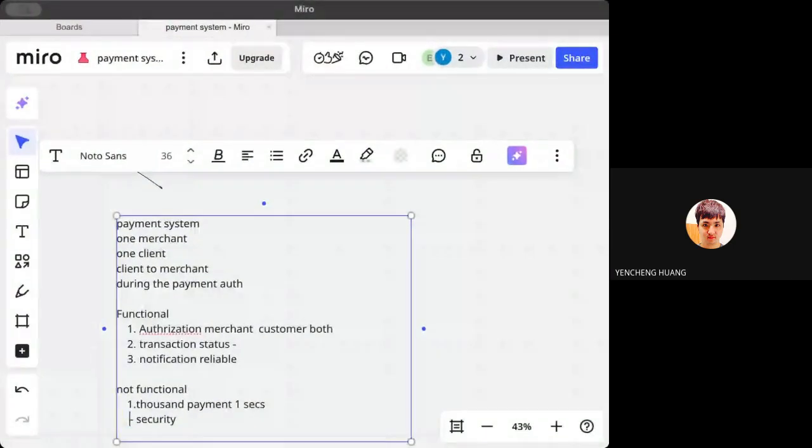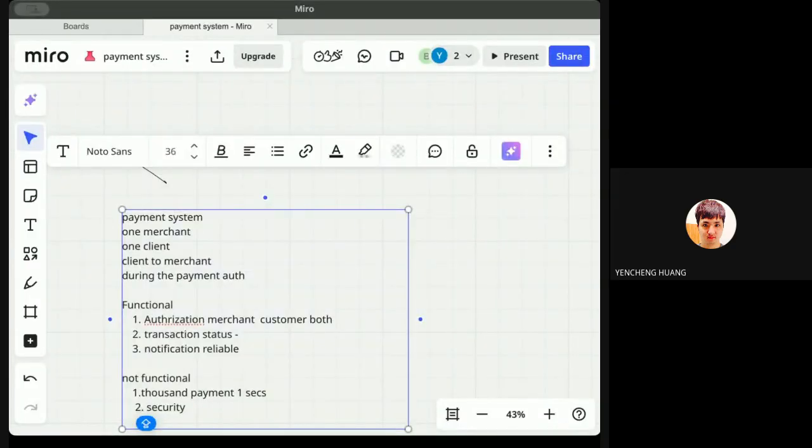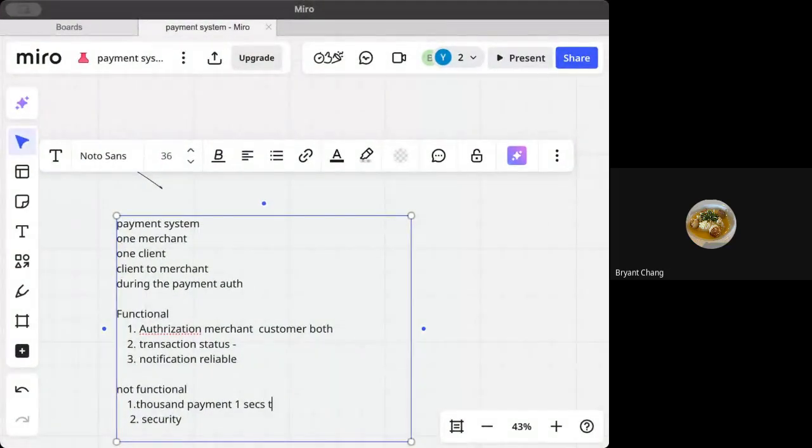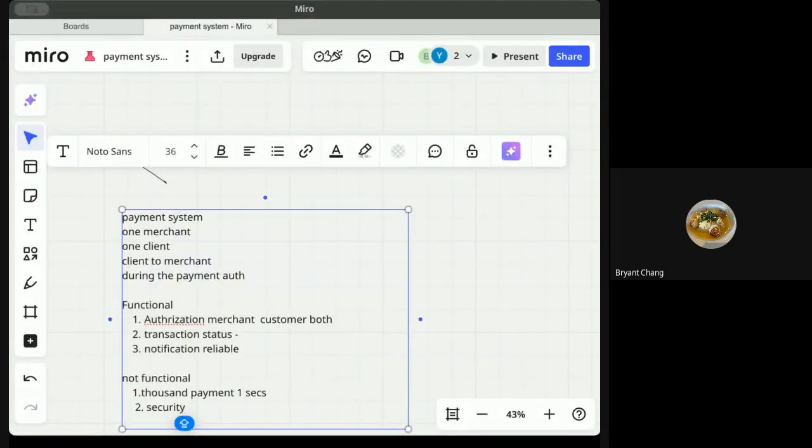So your concerns are first the throughput and second the security, right? Yeah, we care about the security. Let's start with it, and you can add anything you think is necessary to the functional requirements.